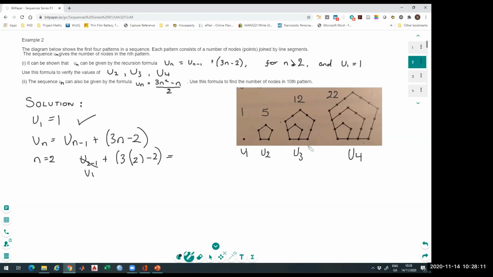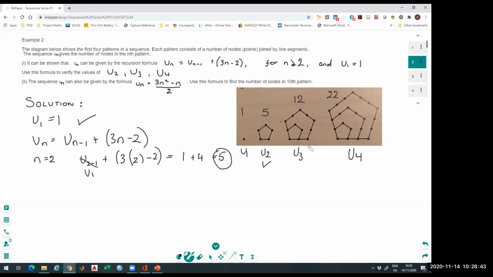We know that u of 1 is 1, plus 3 times 2 is 6, minus 2 is 4, so that's 1 plus 4, which is equal to 5. Yes, u of 2 is 5.